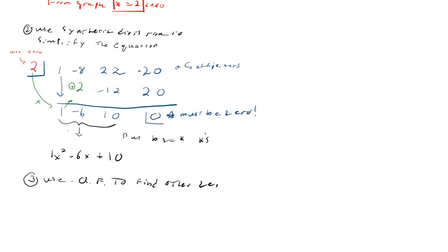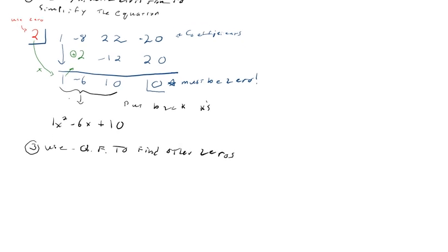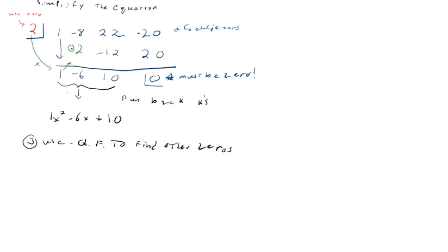So I've got my quadratic formula. X equals negative b plus or minus the square root of b squared minus 4ac, all over 2a. And now I have to plug in my a, b, and c.